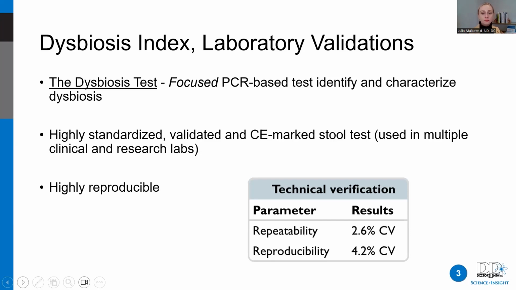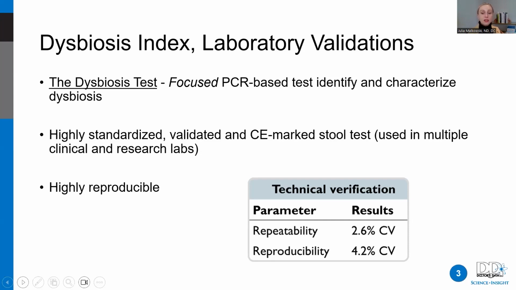The technical verification regarding repeatability is 2.6%, and reproducibility is 4.2%. So this is less than 5% across the board. Repeatability means that, as an example, when we run your patient's results multiple times in our lab, we get the same result. Reproducibility means if we sent that sample to another lab, let's say in Scandinavia, they would get the same results.